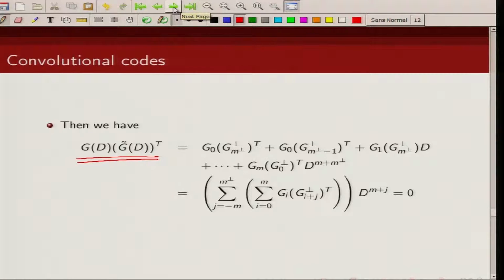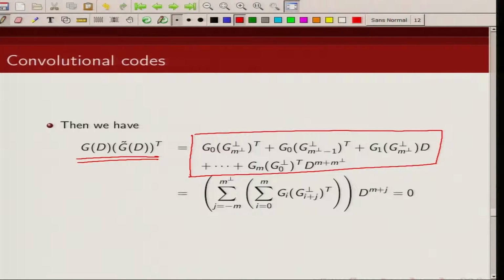So, we do this. So, this can be written as this term. Okay. Now, further we can write this as a double summation, and what is this? This is the dual of the generator matrix, the dual of this. So, this G times G transpose should be 0, right.